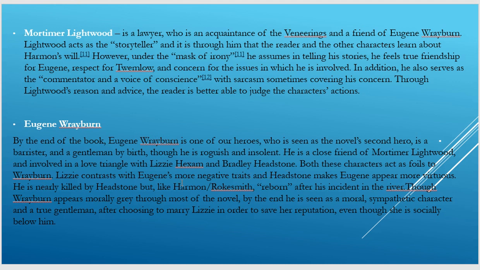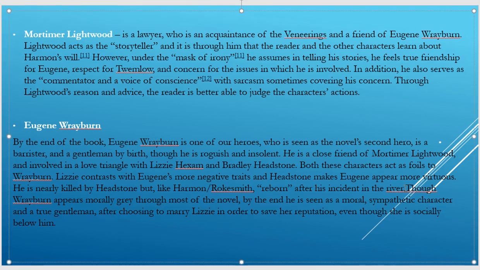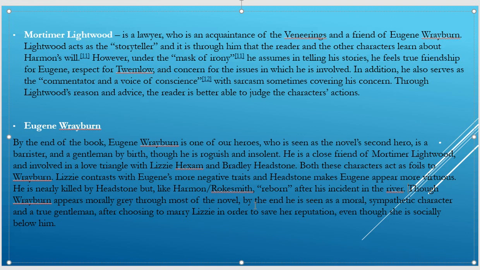So when we know that Harmon, or Rooksmith, is reborn after the incident of the river, we know that he discovered John Rooksmith still alive, and that's how he brought him back to his will, and that's why he married Lizzie at the end in order to save her reputation, even though she is socially below him.